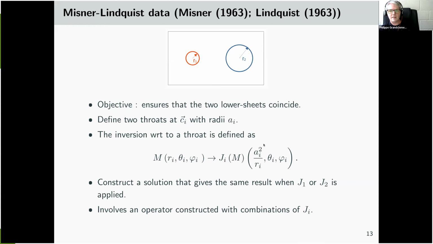And the whole procedure, the idea is to make sure that if you do an inversion with respect to the first one or with respect to the second one, you end up at the same point. By demanding that, you can ensure that you have only two sheets. I will not go into all the details. It's not that interesting. It's not that difficult either. You can look at those two papers here.